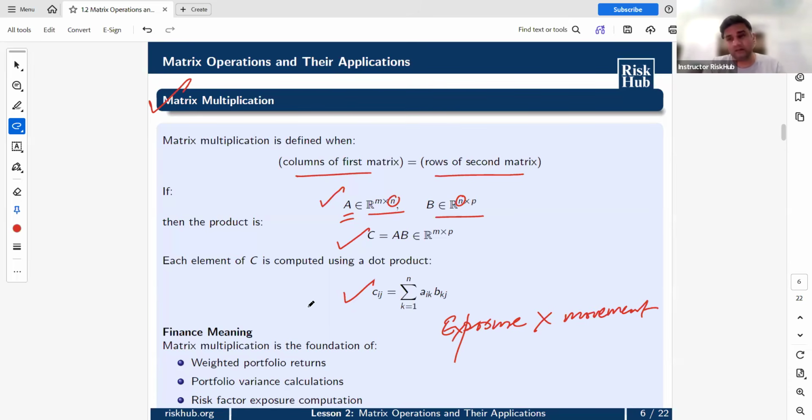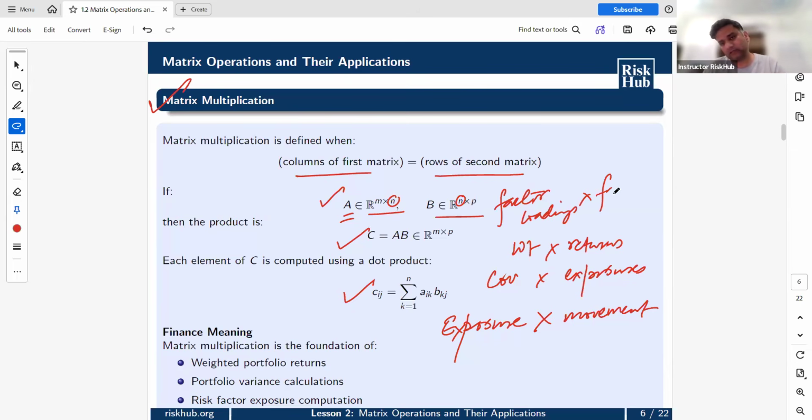Example: weights times returns, covariances times your exposure, your factor loadings times your factor returns, your transition matrices times your probabilities. Okay. So anything in finance is basically matrix multiplication. Whatever you are trying to do, please understand it is just matrix multiplication in a higher way.